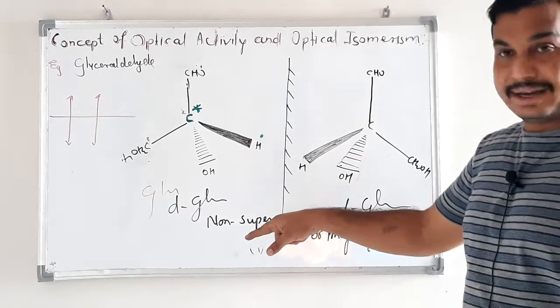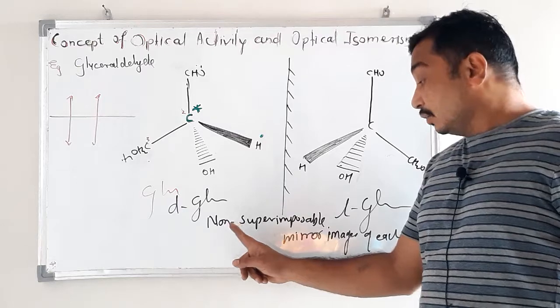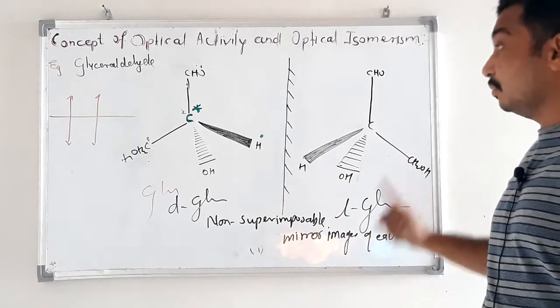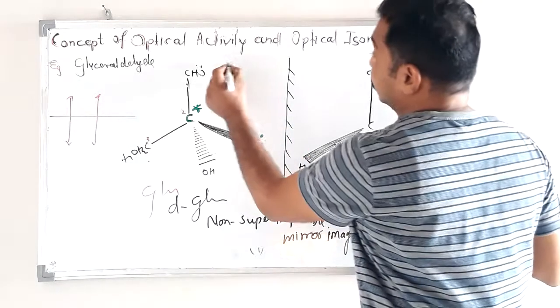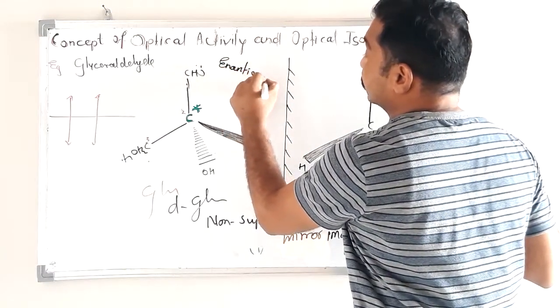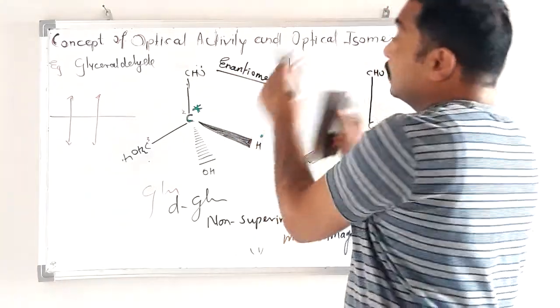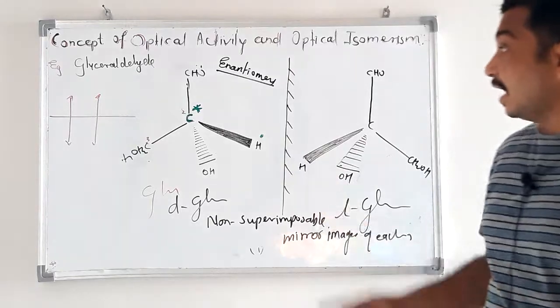Stereoisomers, optical isomers having the relation of non-superimposable mirror images of each other are known as enantiomers. These two optical isomers of glyceraldehyde are enantiomers.